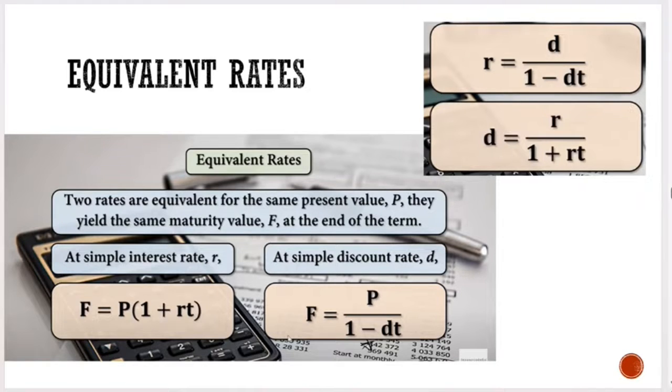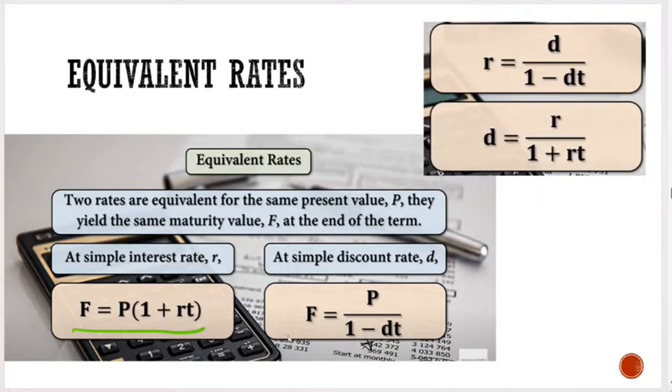An equivalent rate is when the two rates are equivalent: for the same present value, they yield the same maturity value at the end of the term.